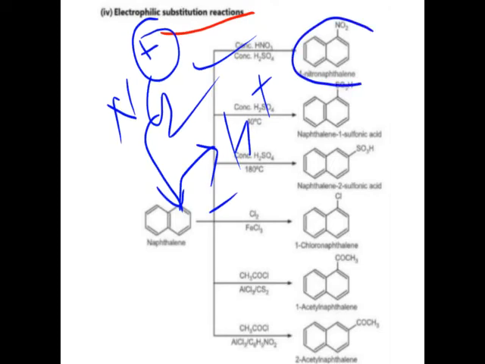So we get 1-nitronaphthalene. So concentrated nitric acid and concentrated sulfuric acid react together and produce the nitronium electrophile, which binds to the negatively charged carbon present on the naphthalene. So that is the first electrophilic substitution reaction.